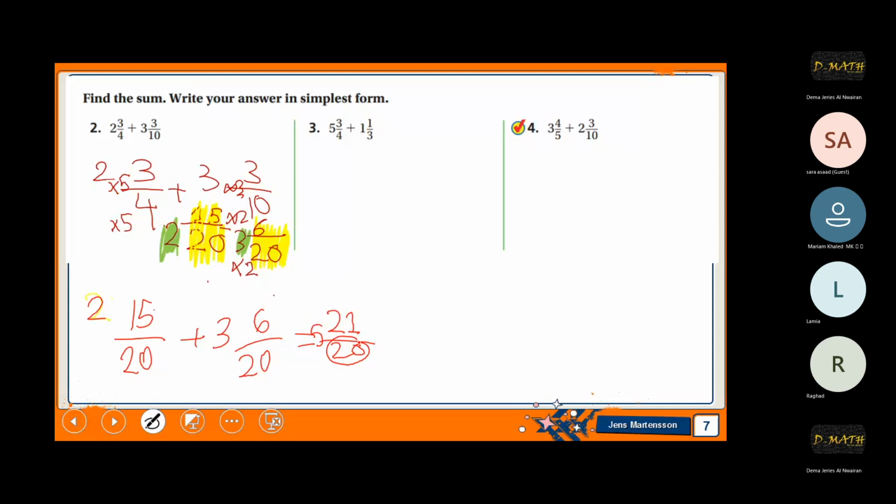And how do you simplify? Bravo. You will divide like this. So here we have 21 over 20. Now let's see how Hunada will simplify it.